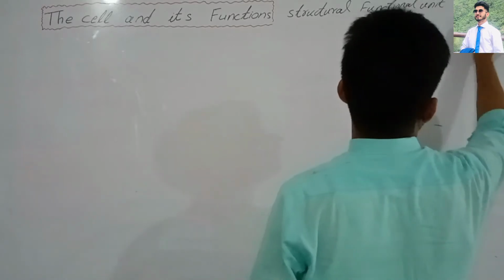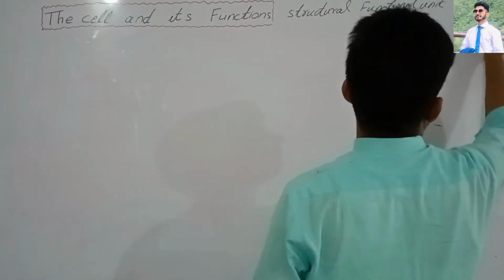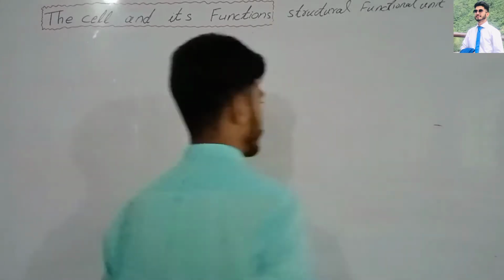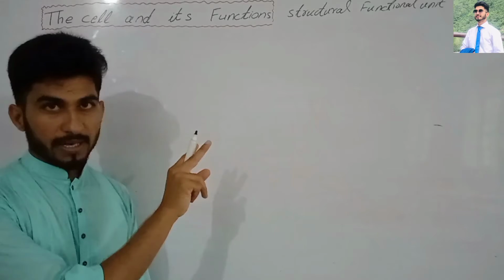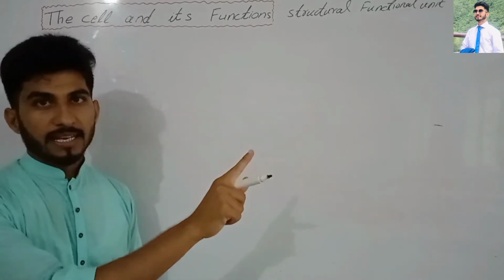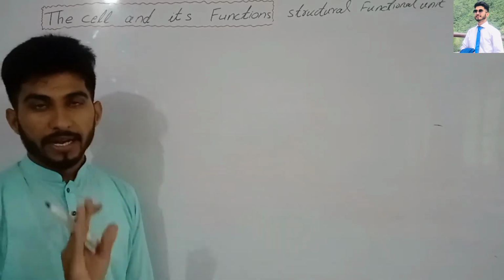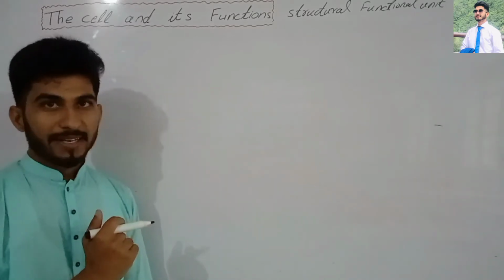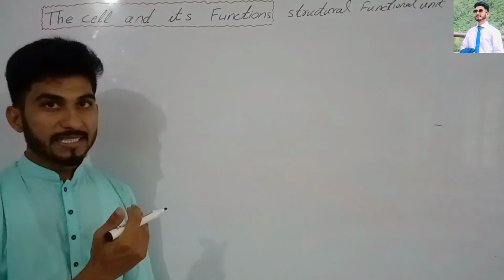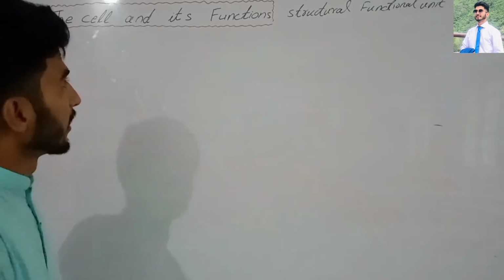Now we will discuss its two parts. Number one is the organization of the cell, and number two, the physical structure of the cell. So, what is the organization of the cell?